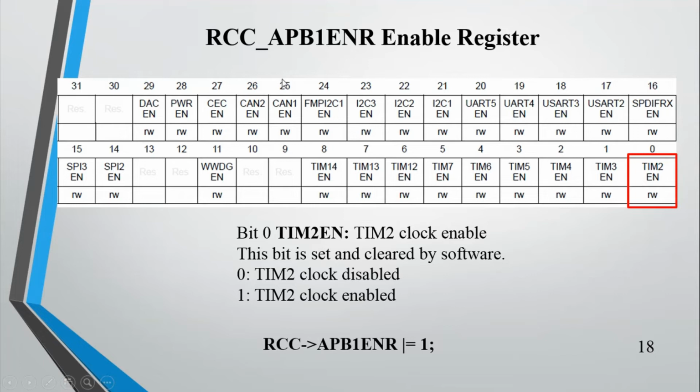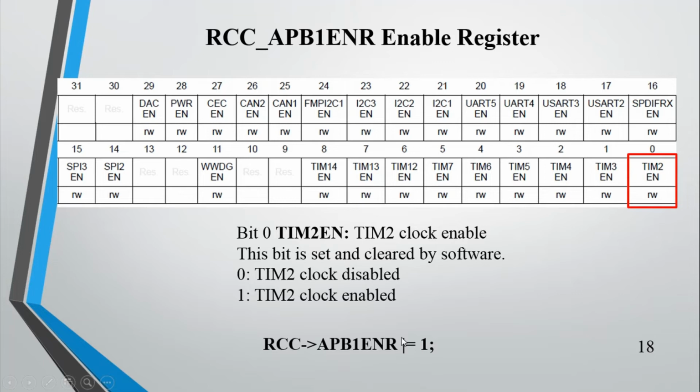So in APB1, these many peripherals are there. In that I need to enable only timer 2. So the APB1 enable register is used to enable the clock to the corresponding peripherals. In my case, I need to enable clock to timer 2. So what should I do? I need to set the 0th bit of the APB1 enable register.